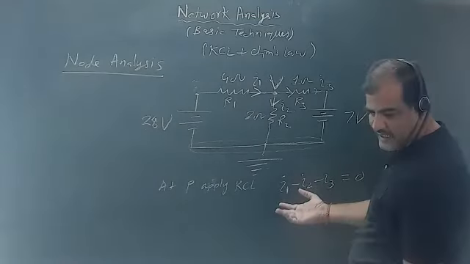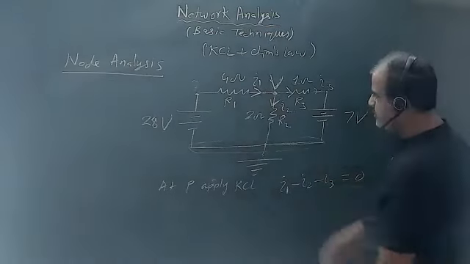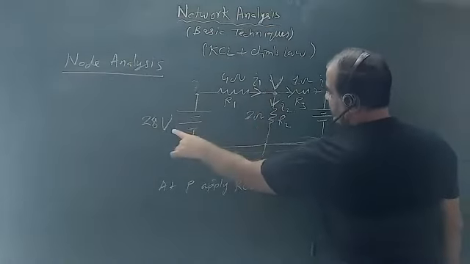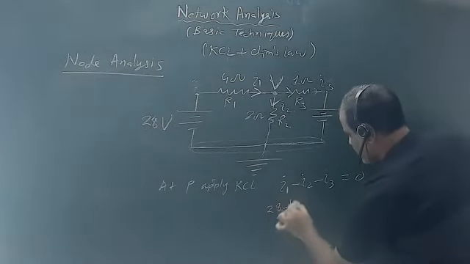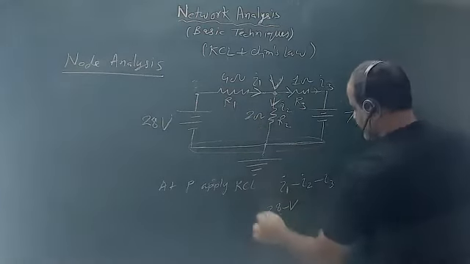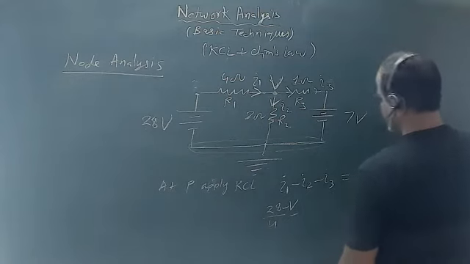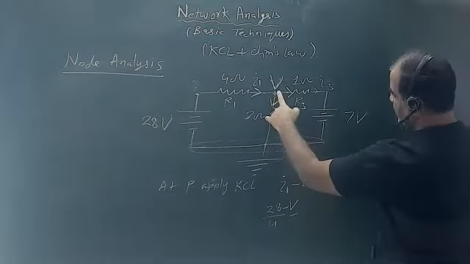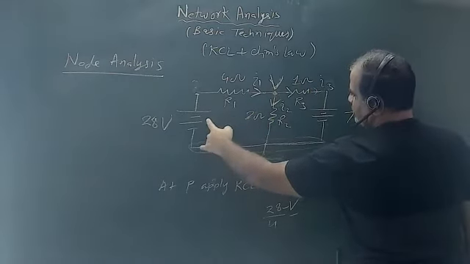Now where will we get the values of I1, I2, I3 from? From Ohm's law. So this voltage V, this 28. So I1 is 28 minus V upon R1 resistance, which is 4 ohm. Minus I2. I2 will be going in this direction, which means this is the higher potential, going from higher to lower.